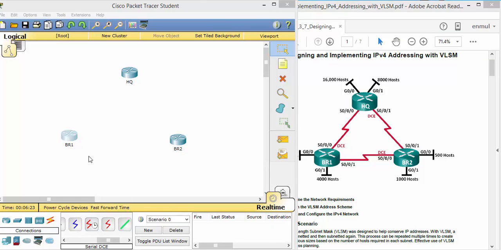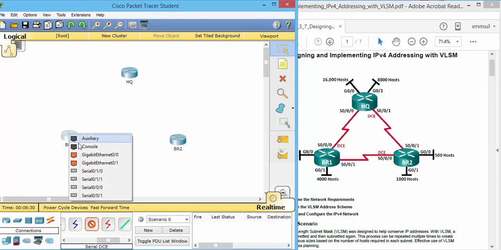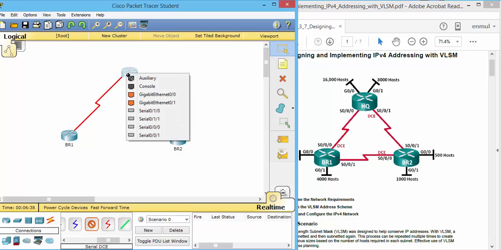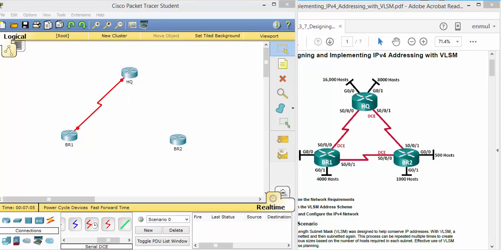Now after adding the module, we should be able to see the serial interface. Here we get serial 0/0/0, and this is also serial 0/0/0. This side of this router is going to be the DCE side, where we have the clock rate.